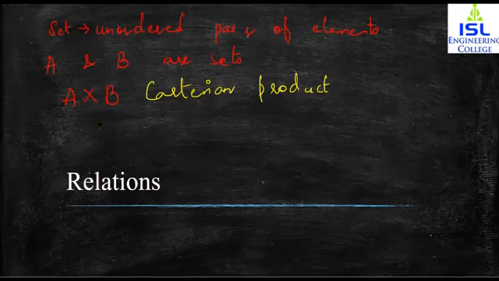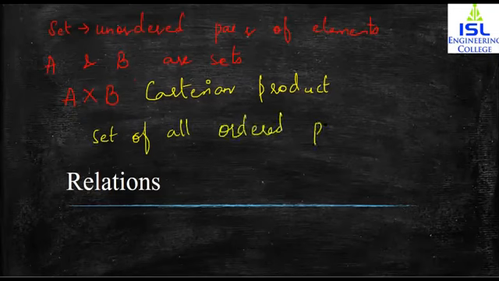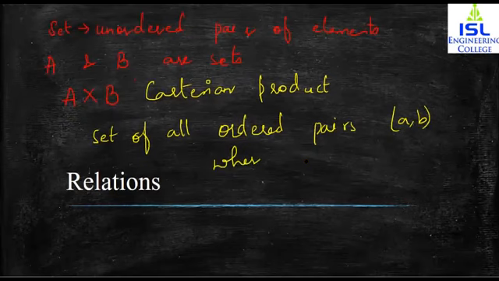Now A cross B is the set of all ordered pairs (a, b), where small a belongs to the set A and b belongs to the set B. If we take an example of the Cartesian product, let the set A be {1, 2} and the set B be {a, b, c}.